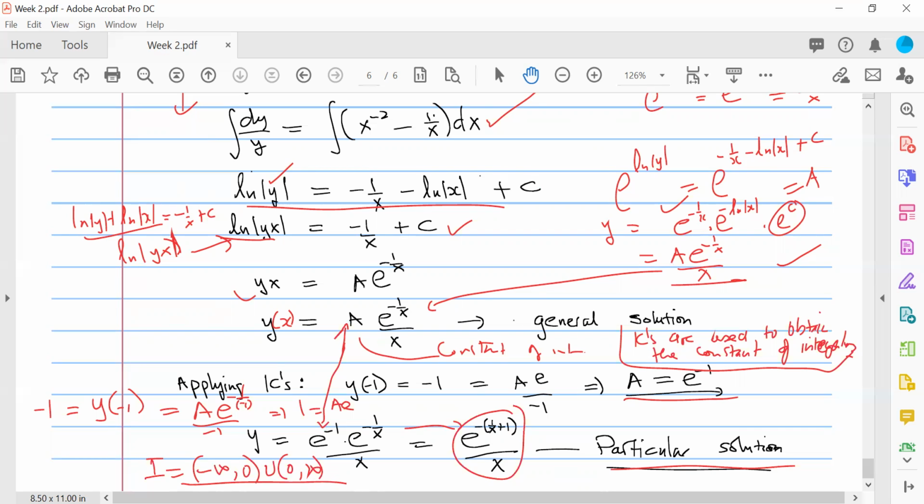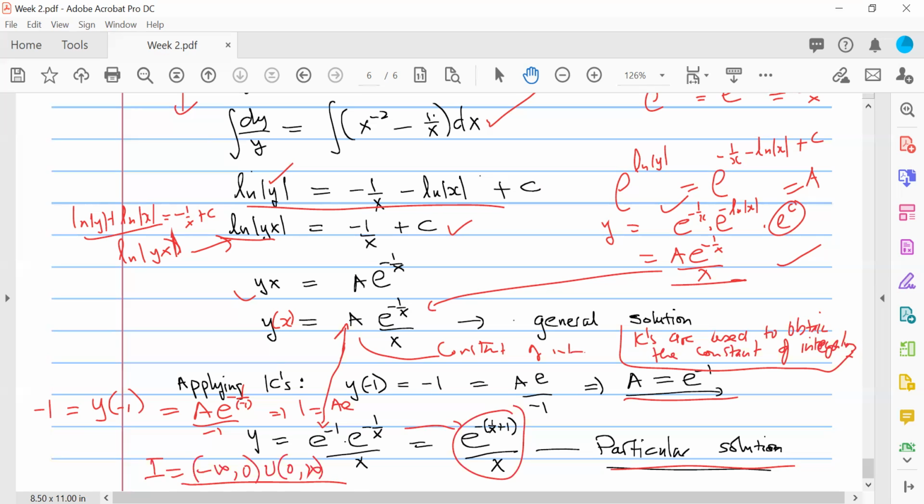So all the other questions that you get under this specific method will all be going through the same process. You just need to do something to see that it's separable. And once you see that it's separable, then you separate the variables, and once you separate the variables, you integrate to get the solution. Different forms of differential equations will be given to you.